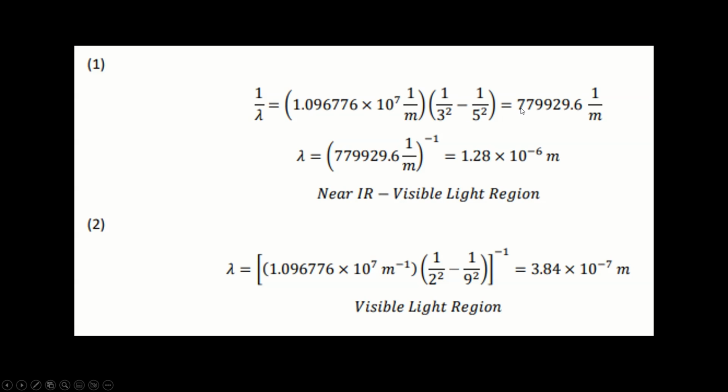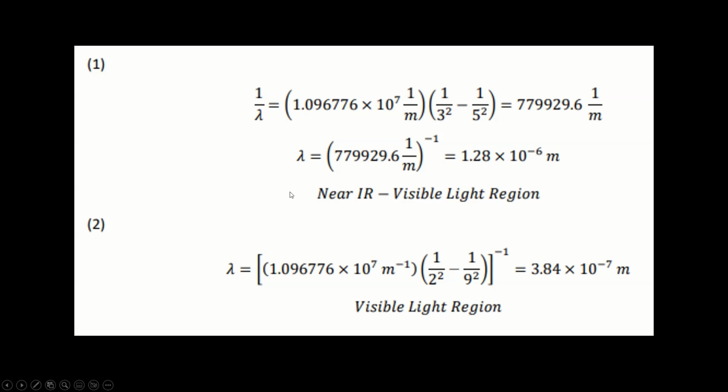Now that ends up giving us 779929.6 inverse meters, which, taking this value raised to the negative first power, or 1 divided by this number, that gets us 1.28 times 10 to the negative 6th meters, which is roughly near IR, infrared to the visible light region.